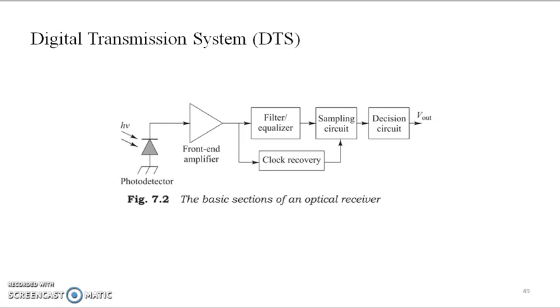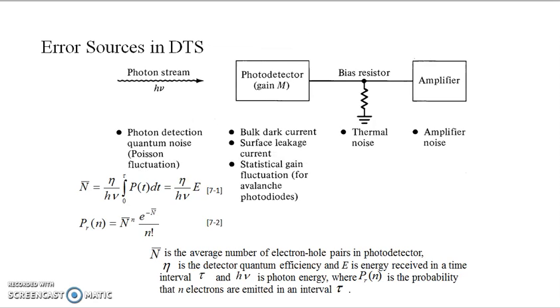Some optical receivers have an amplifier before the photodetector, and some receivers have an amplifier after the photodetector. Then the received signal consists of some particular noise at the receiver. So we receive a signal level, and it introduces some errors, which we call noise.